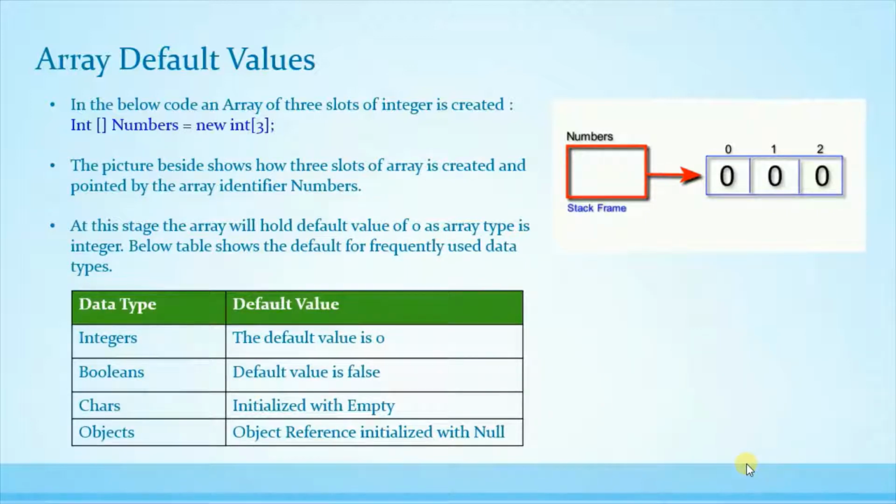For other data types you can experiment. If it is decimal, you will have 0 again, the value will be like 0.0. Other data types you can examine yourself.